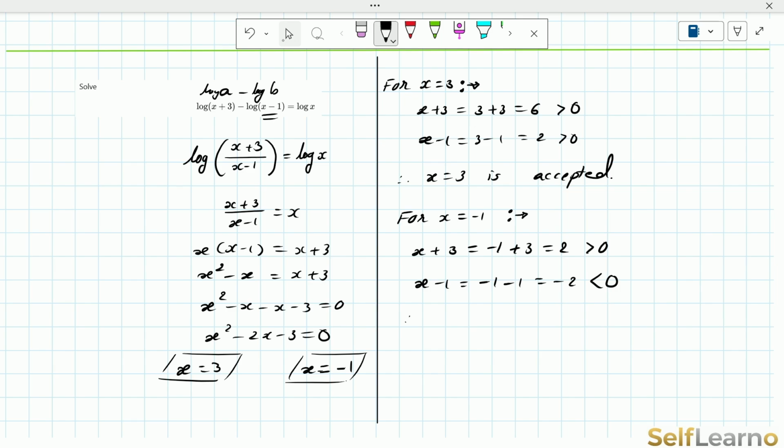Therefore, here you should write that the argument of the logarithm must be a positive number. And here x equal to -1 gives us a negative argument. That is why x equal to -1 is not accepted. Okay.